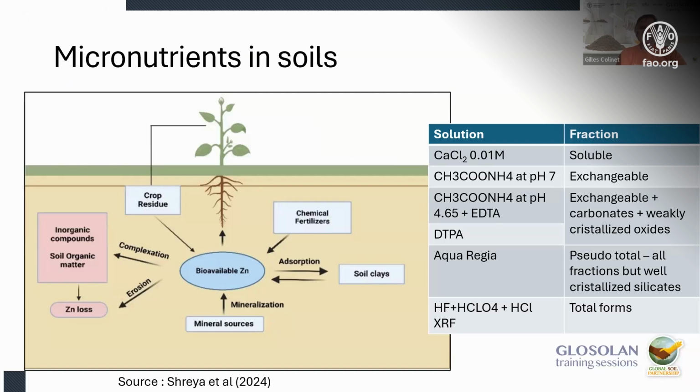So regarding the micronutrients in soils, here with this example of zinc in the soil-plant system, again, the plant must take up the elements through the soil solution, and the part of the zinc that will be in the soil solution will depend on the interaction with the soil constituents.